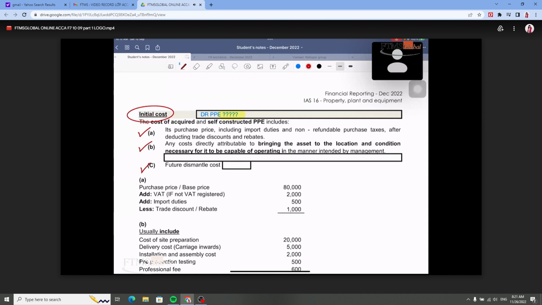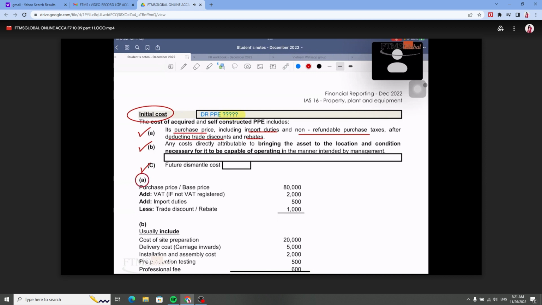So A is what? Purchase price, including import duties, non-refundable purchase taxes, after deducting trade discount and rebate. That's A, right? Okay, so I know we are Asian. We don't like to see paragraph. We like to see point form. So actually A is here, right?